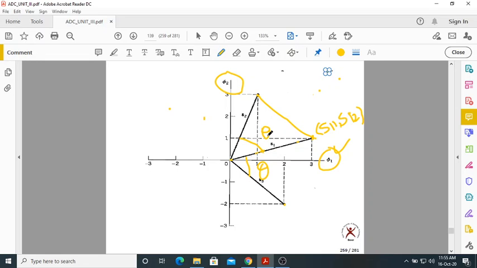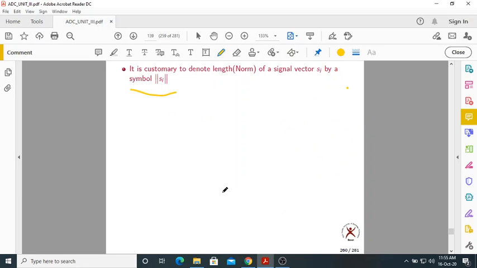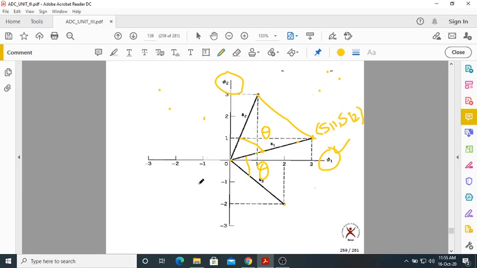And they should be orthonormal, which means all the basis functions should be orthogonal or perpendicular to each other. At the same time, each and every basis function should have unit energy. The number of basis functions will always be less than or equal to the number of signals that we are transmitting, or capital M. And one more thing: the dimension of this signal space depends upon the number of basis functions.